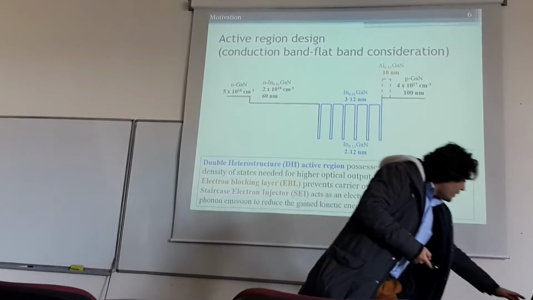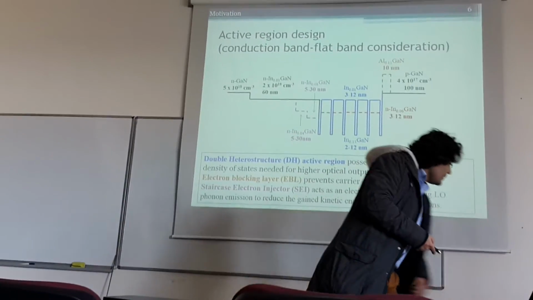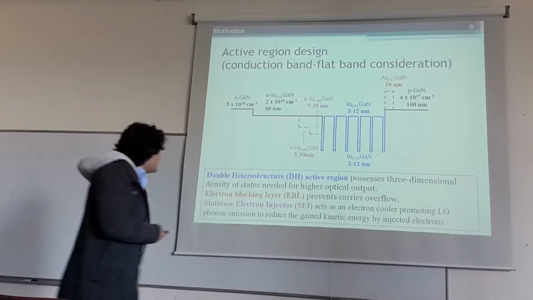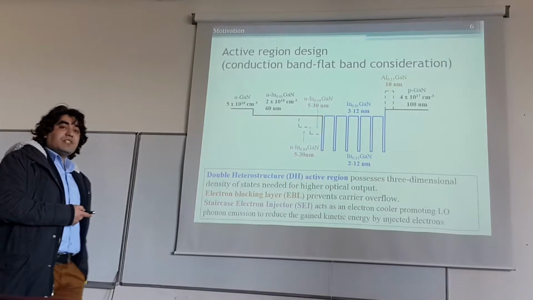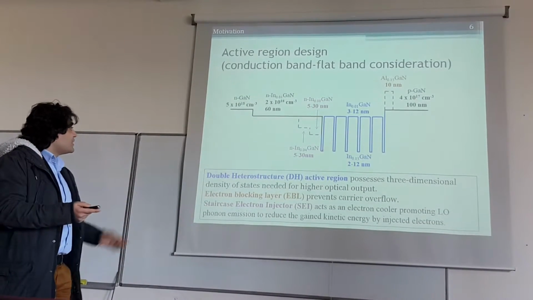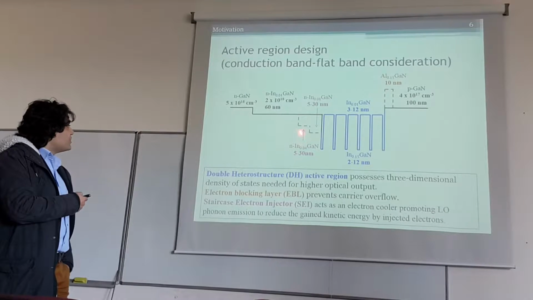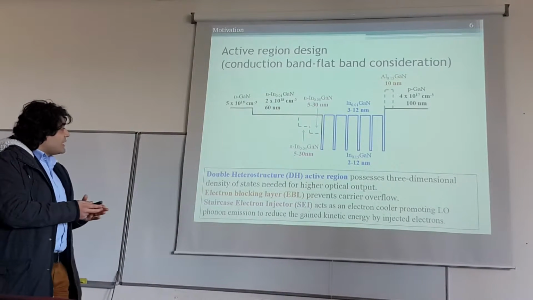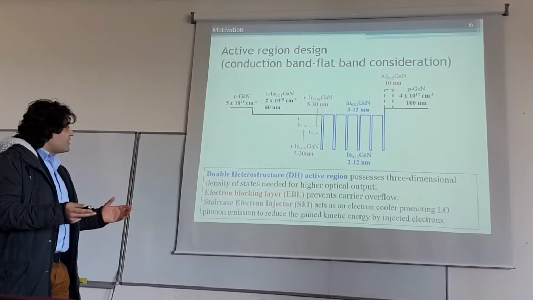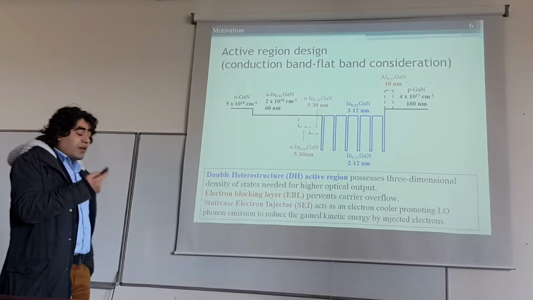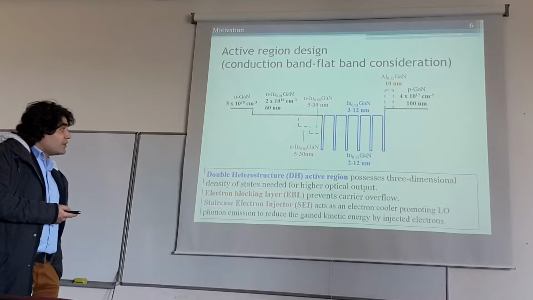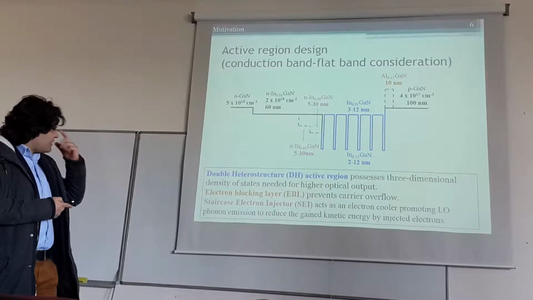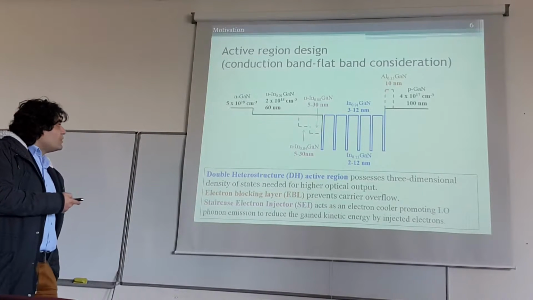Another way is to use a staircase electron injector. This is a stepwise decrease in indium composition layers with different thicknesses. As you see, this is 4% indium, this is 8% indium, and we can investigate the effectiveness of their thicknesses. This is acting as an electron cooler.